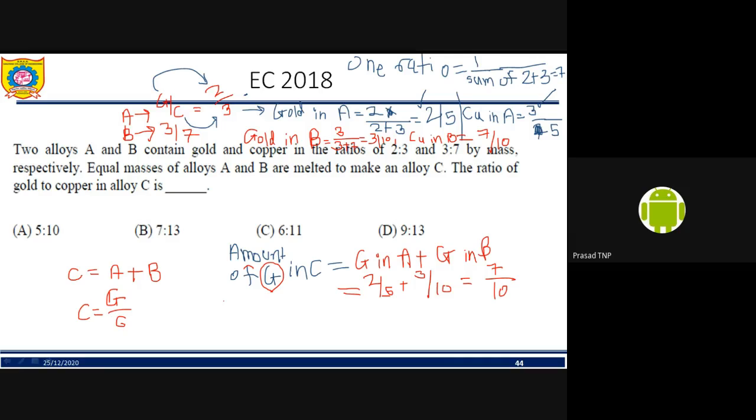Similarly, we'll calculate the amount of copper in C, and then we'll take the ratio.